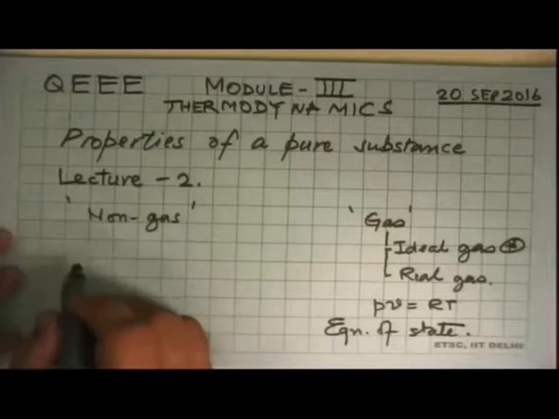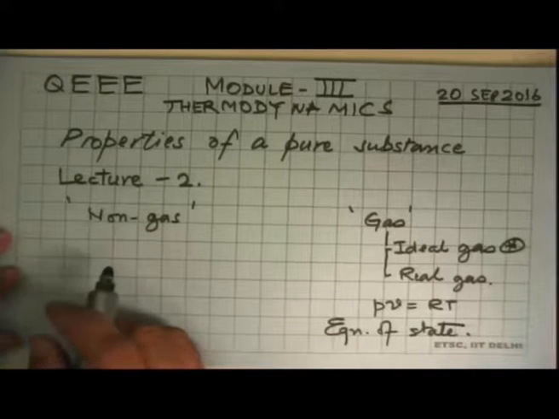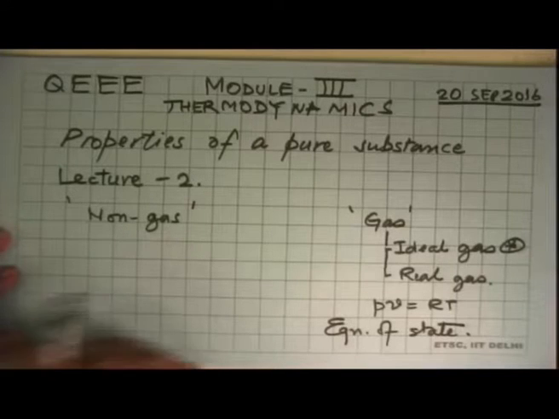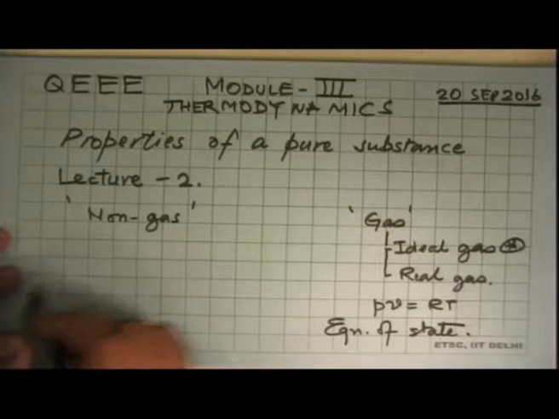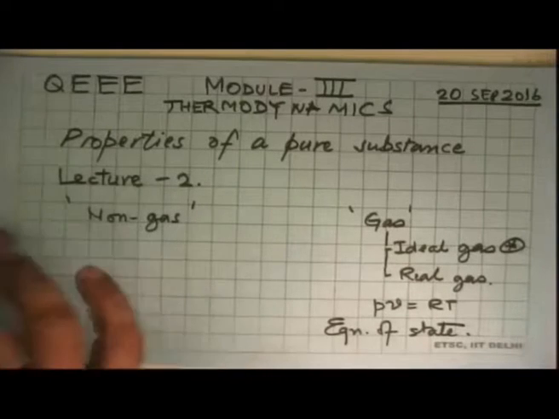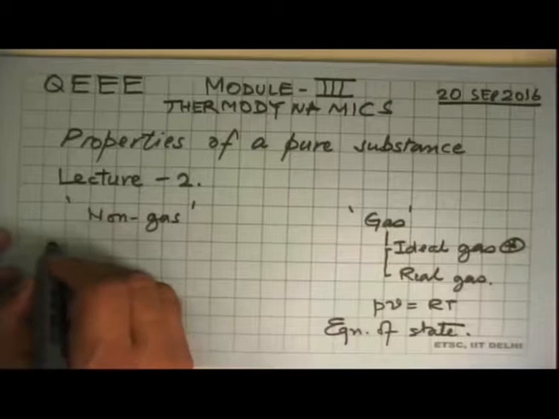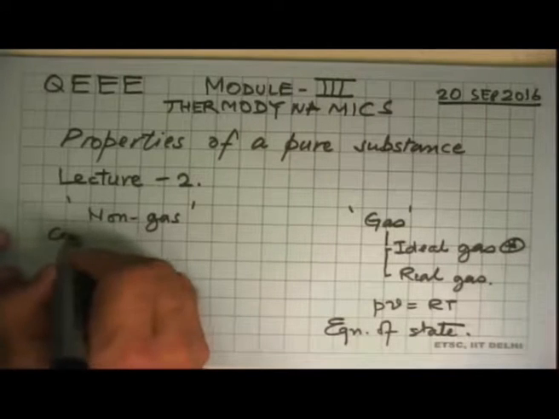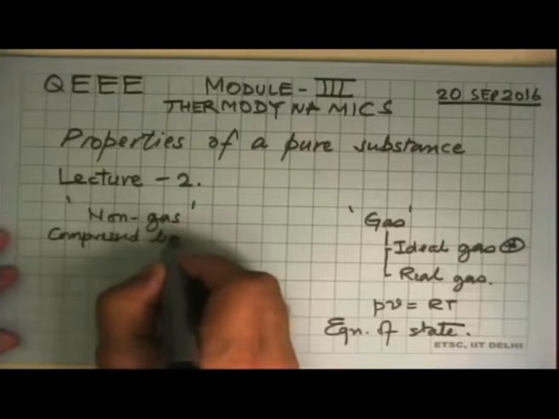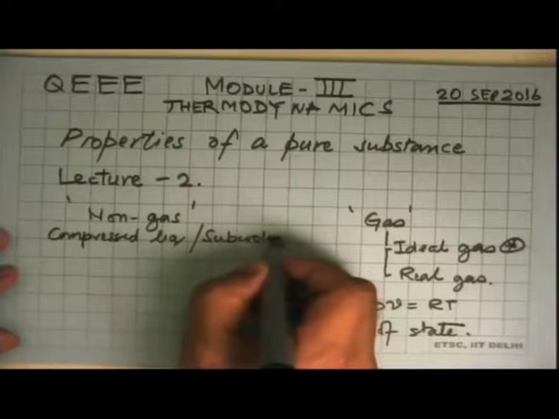Then we went through a discussion about how a material behaves, and we took the example of water at ambient conditions and looked at what happens to it when you do isobaric heating. There we came across that a substance can exist in many phases. We said that there is a compressed liquid, which can also be called a subcooled liquid.